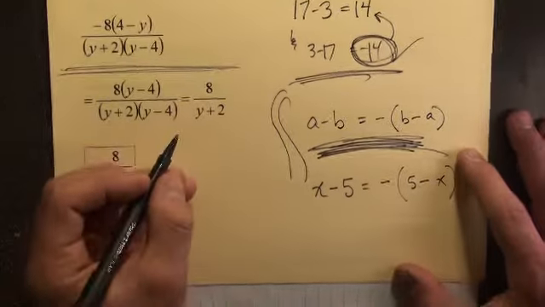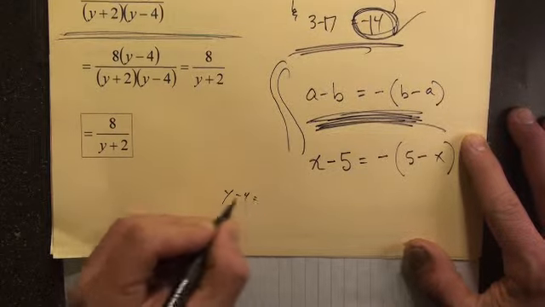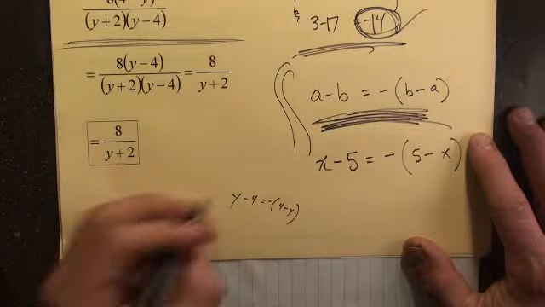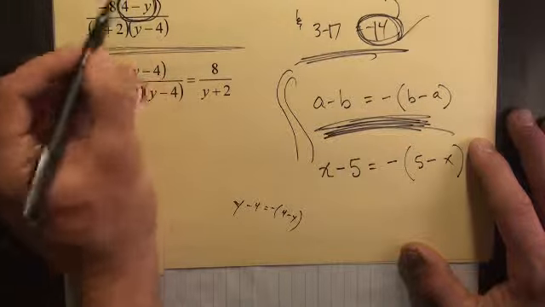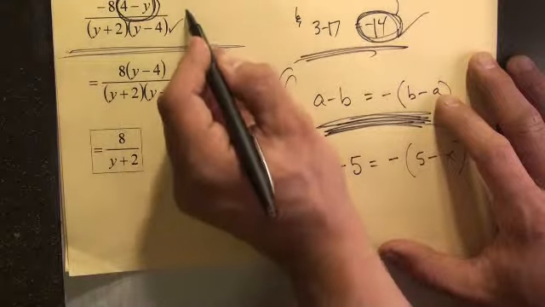What do we know? We know that y minus 4 equals the opposite of 4 minus y. Therefore, this equals the opposite of y minus 4. So what we could do is, now I didn't put in a step in between, but we could do this.